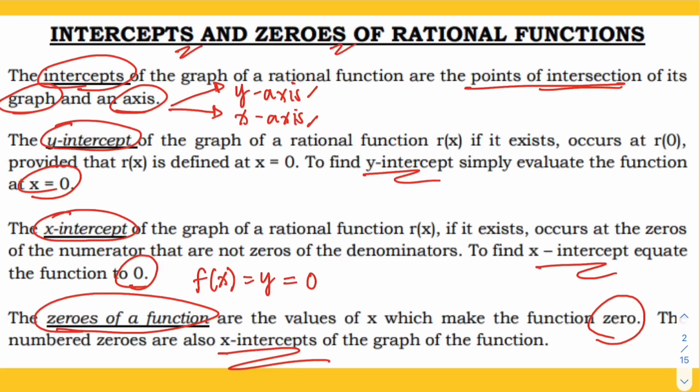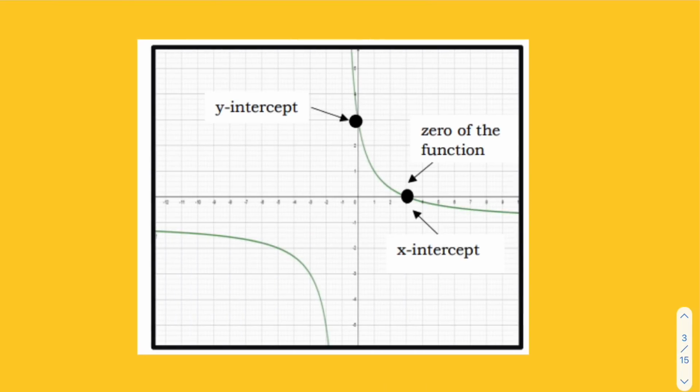Ibig sabihin, parehas lang sila ng location, yung ating zeros of a function at saka yung x-intercept doon sa ating Cartesian plane. Okay, so check natin yung graph. So, as you can see guys, yung color green, ito yung graph ng ating function. Okay?